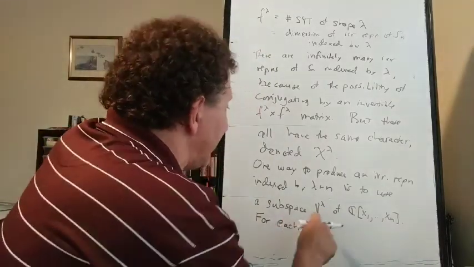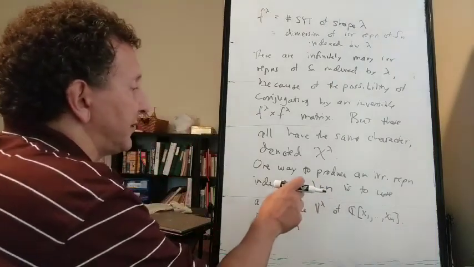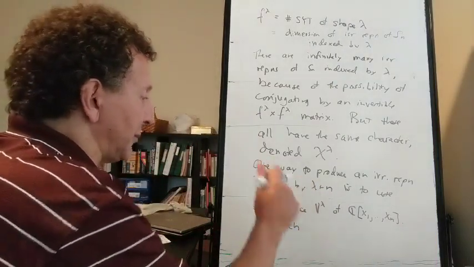So now we want to have a basis which corresponds to standard Young tableau of shape lambda.